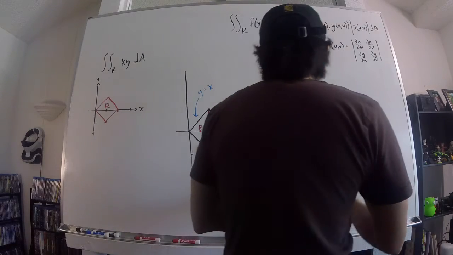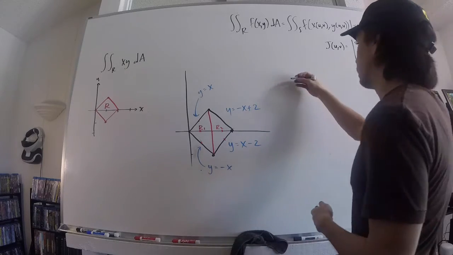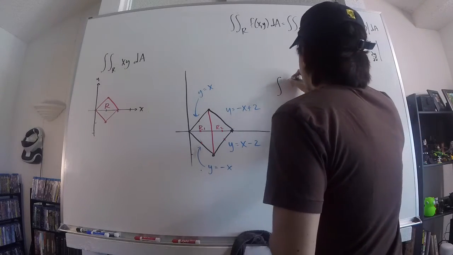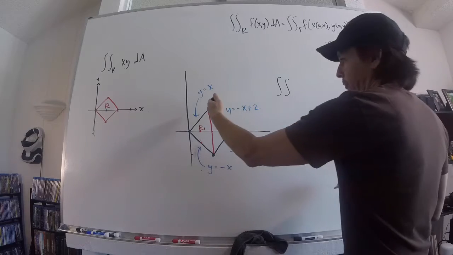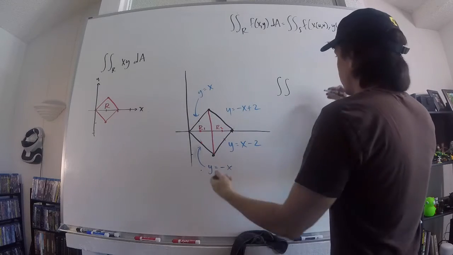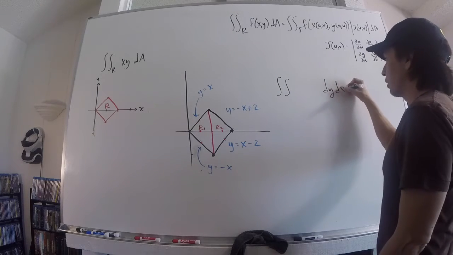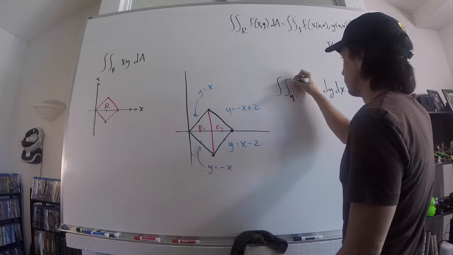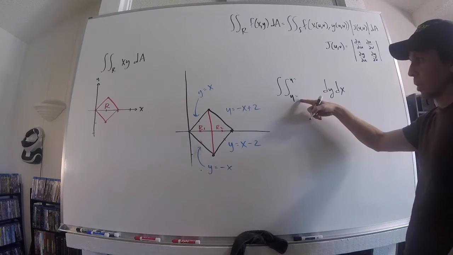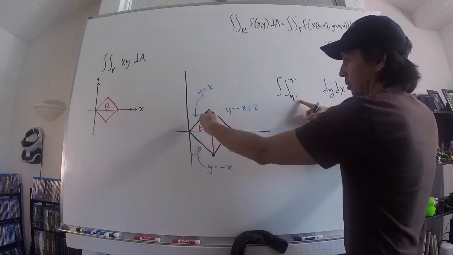And I'm going to do it this way. It's not that bad. It's going to look tedious. I mean, well, I'm not going to lie, it is tedious. I'll do slices this way going along the y, so we're going to do dy first, dx afterwards. Okay, I'm doing R1 first, doing this side.